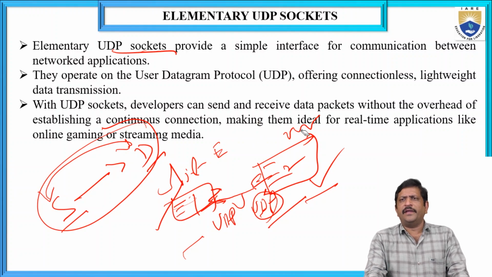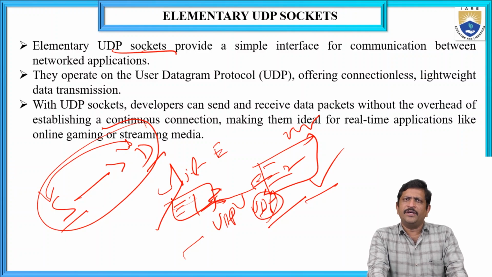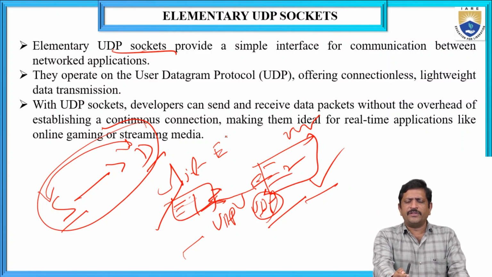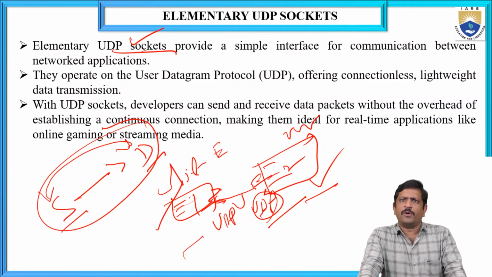If you see this idea in a real-time application, the best example for utilizing the UDP socket is online gaming. In online gaming we utilize the elementary UDP socket, which provides the interface and effectively establishes the online gaming.